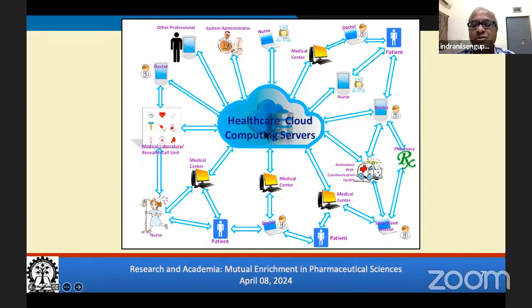And from the cloud, depending on the severity of the patient, what kind of data it is, it can go to a medical laboratory for tests. It can come back to the doctor's advice. If the doctor feels that it's a serious case, it can refer the case to some specialized doctors, which will happen automatically. So these arrows all indicate flow of information.